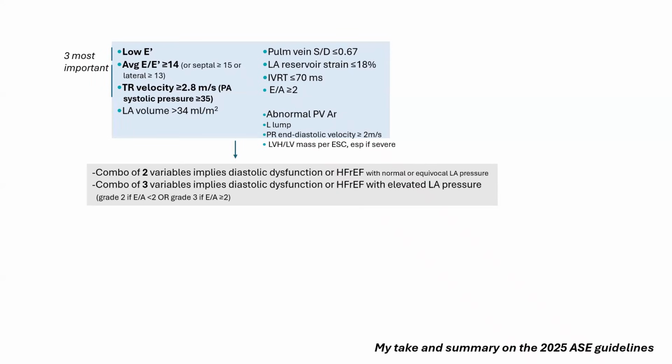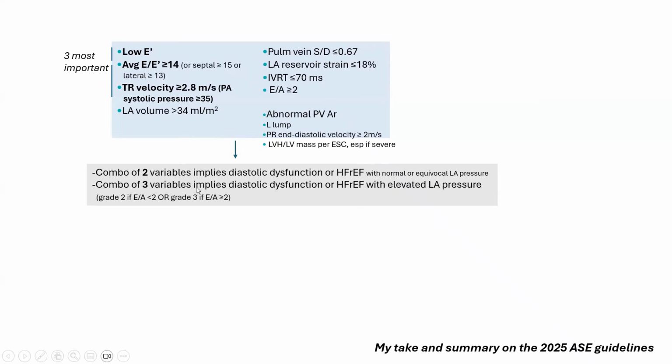So in heart failure with reduced EF, this combination of variables is used to define whether LA pressure is elevated or not. So in sum, 2 variables imply diastolic dysfunction or systolic heart failure with normal or equivocal LA pressure, whereas 3 variables imply diastolic dysfunction or systolic heart failure with elevated LA pressure.